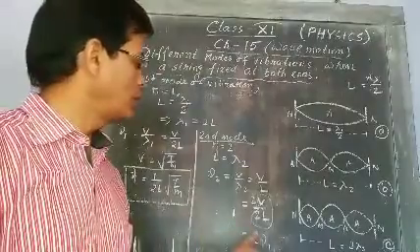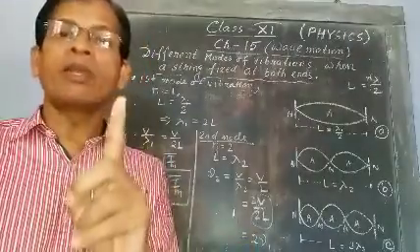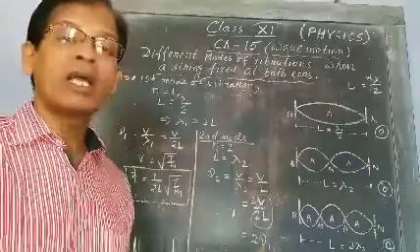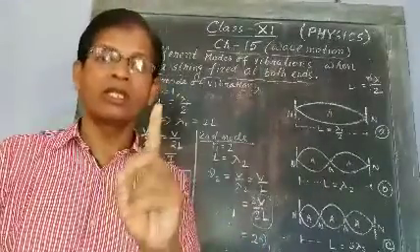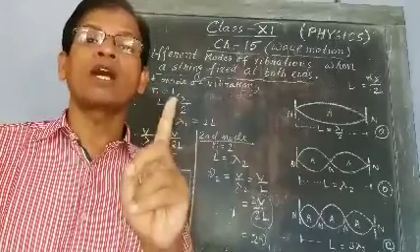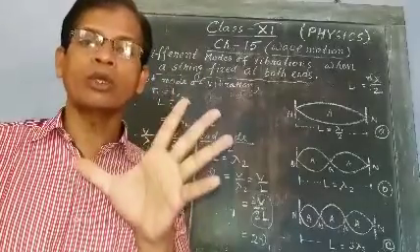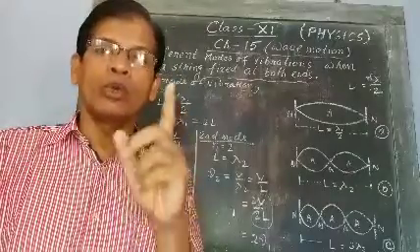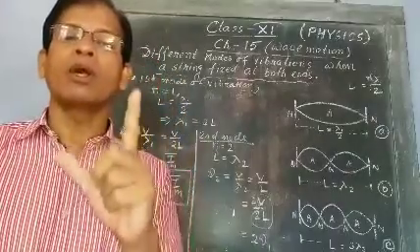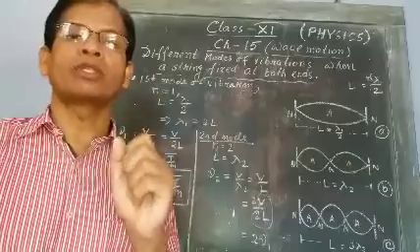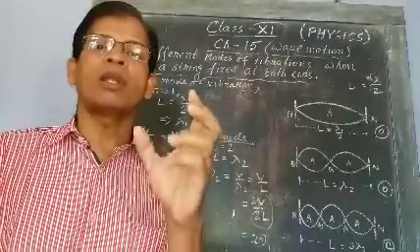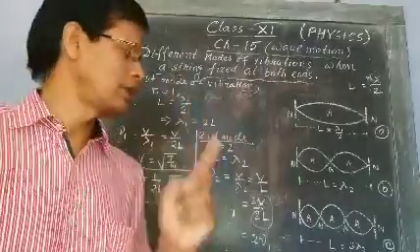That means nu 2 is a multiple of nu 1. So this is the second harmonic or first overtone. What is an overtone? An overtone is a frequency which is a multiple of the fundamental frequency.